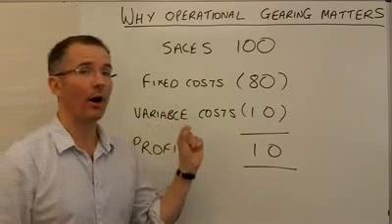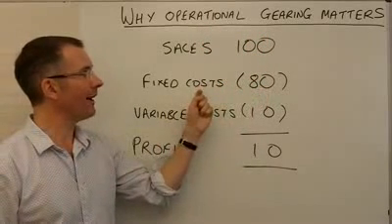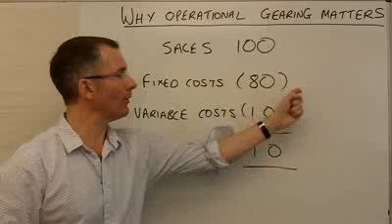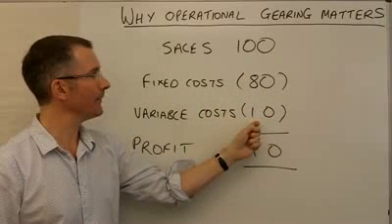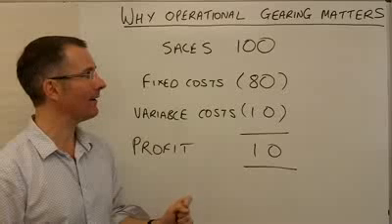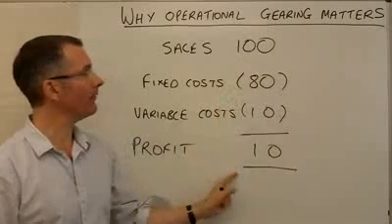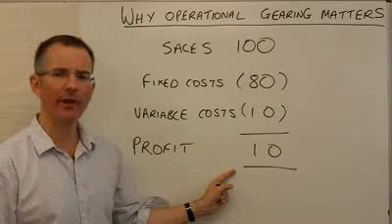This is a business with high operational gearing. Fixed costs are a very high proportion of total costs. Total costs are 90, fixed costs are 80, and that has a dramatic impact on what happens next. Because, take this business, and if you're thinking, what kind of business is this?